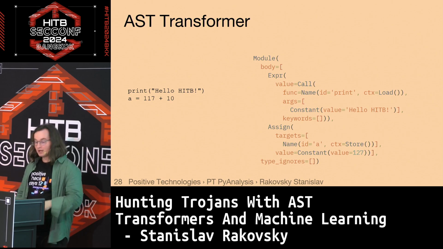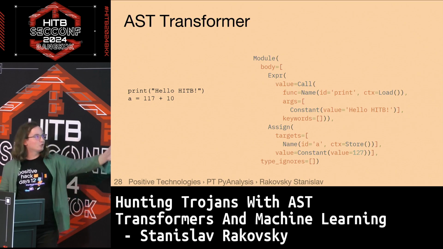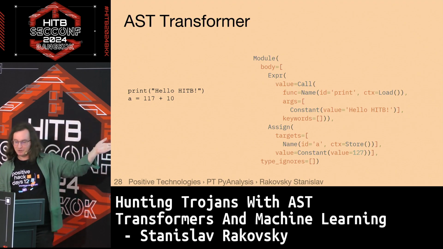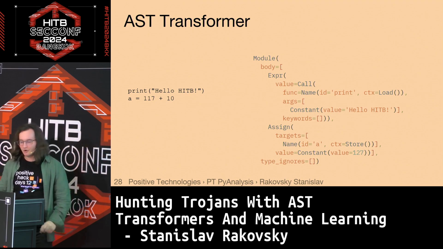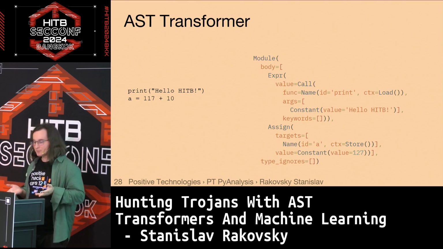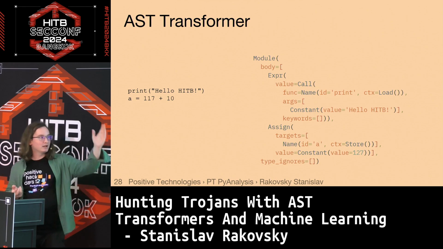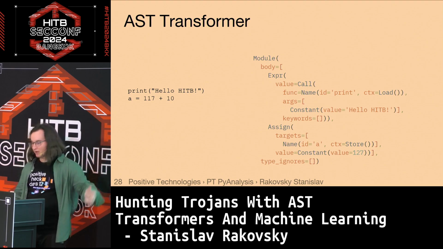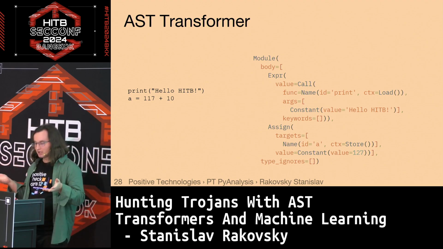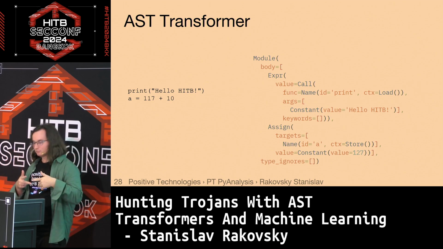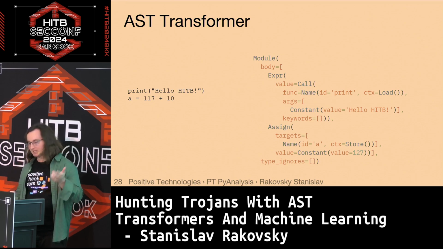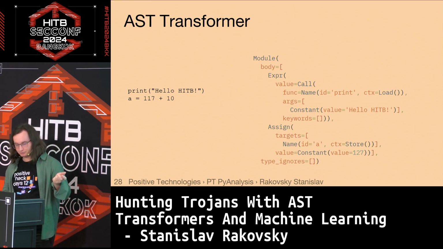Let's try to modify our code, our typical example, with printing and assigning. In the language of AST, it would look like the right side. We have a definition of a module that has a body with two elements, an expression and an assign.